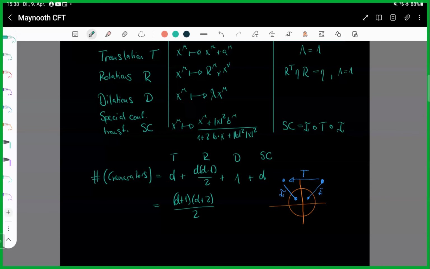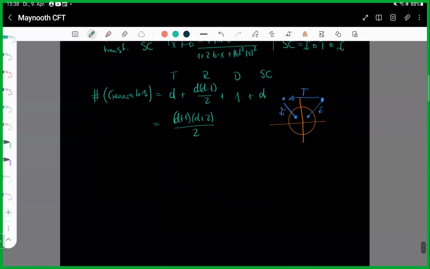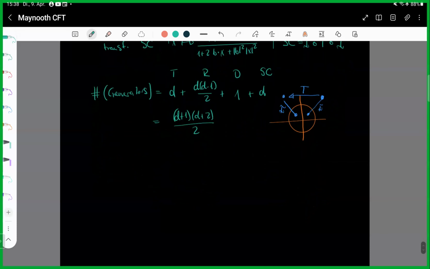Something that I'm not going to show in detail, I'm just going to argue heuristically. This is the dimension of a Lie group, and that Lie group is SO(p plus 1, q plus 1).